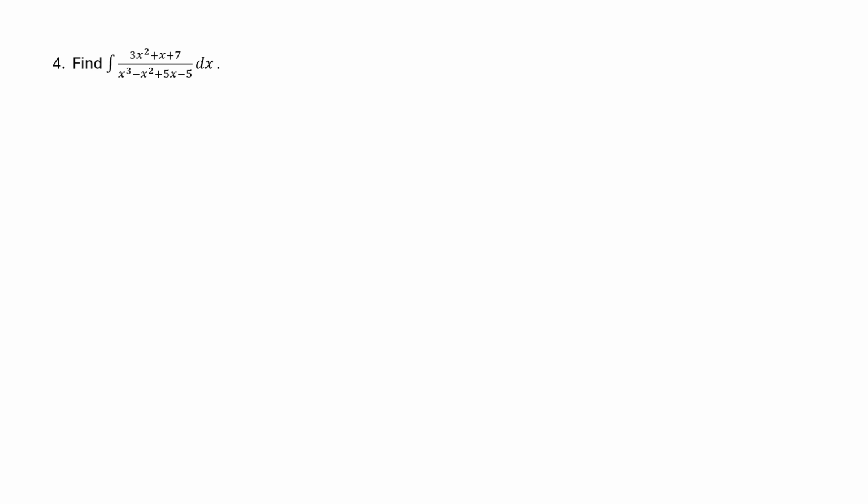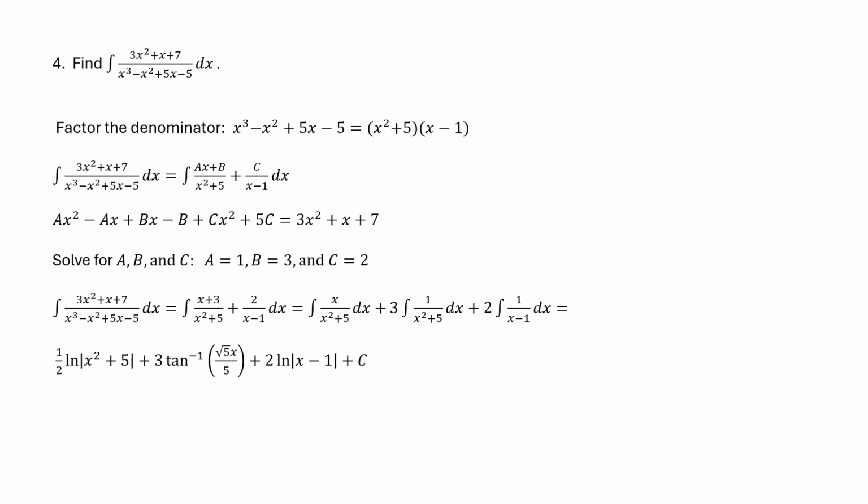Number 4, the integral of 3x squared plus x plus 7 over x cubed minus x squared plus 5x minus 5. Again, we're going to use the grouping technique.